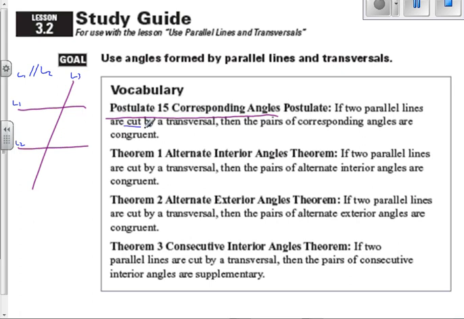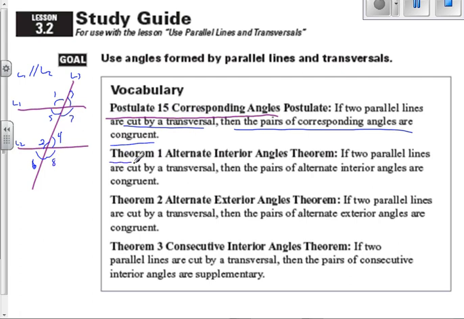Then it says the pairs of corresponding angles are congruent. So if you remember, corresponding angles would be like angle 1 and angle 2. I would have angle 3 and angle 4 corresponding. You would have 5 and 6 corresponding, then you would have 7 and 8 corresponding.